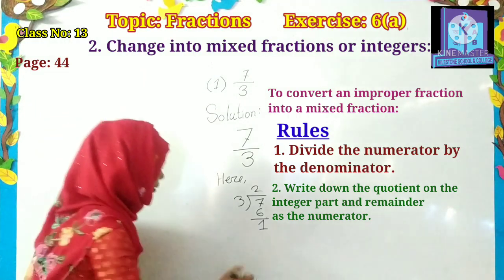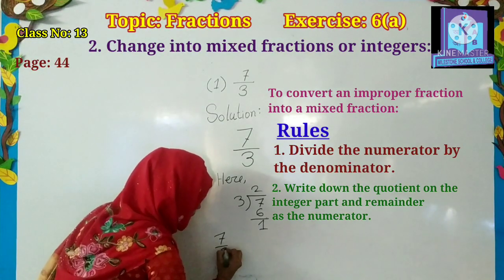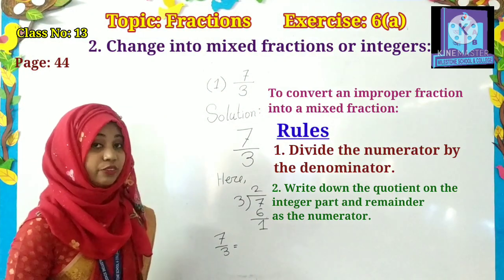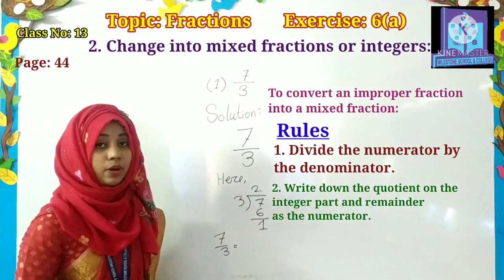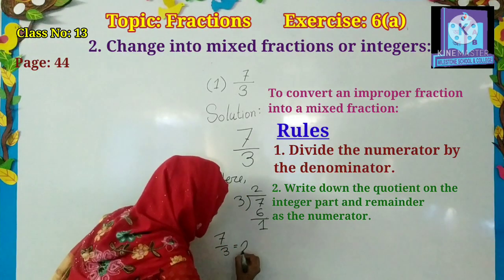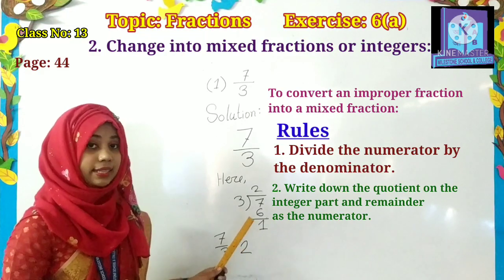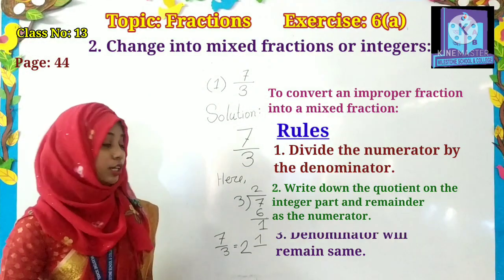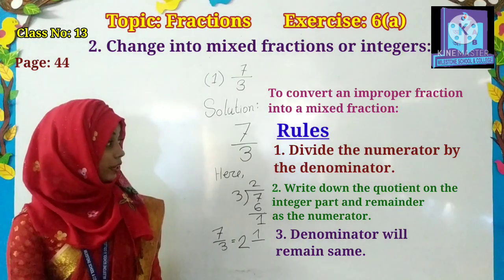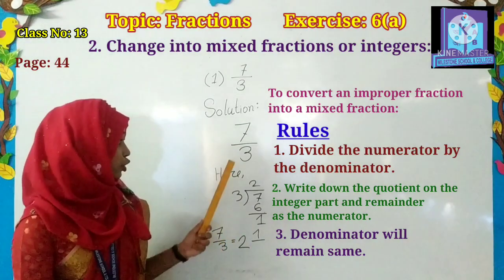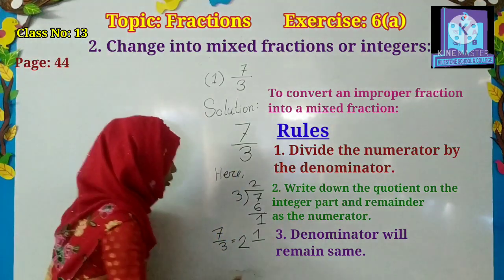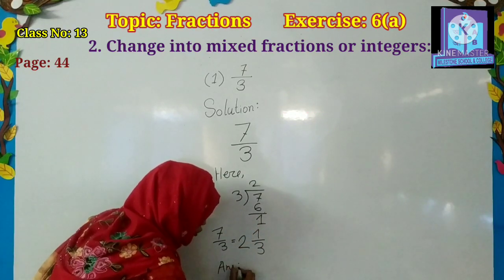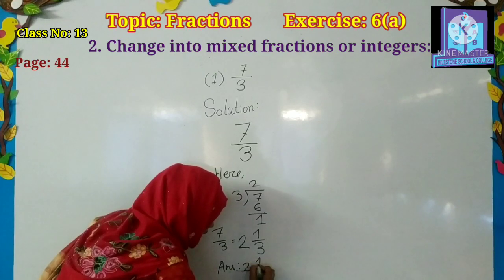Our improper fraction is 7 by 3. This fraction we will convert into mixed fraction. So 2 is our whole number and remainder 1 is our numerator. Rules number 3. The denominator will be same. It means 3 has no change. 3. So our mixed fraction is 2 whole 1 by 3.